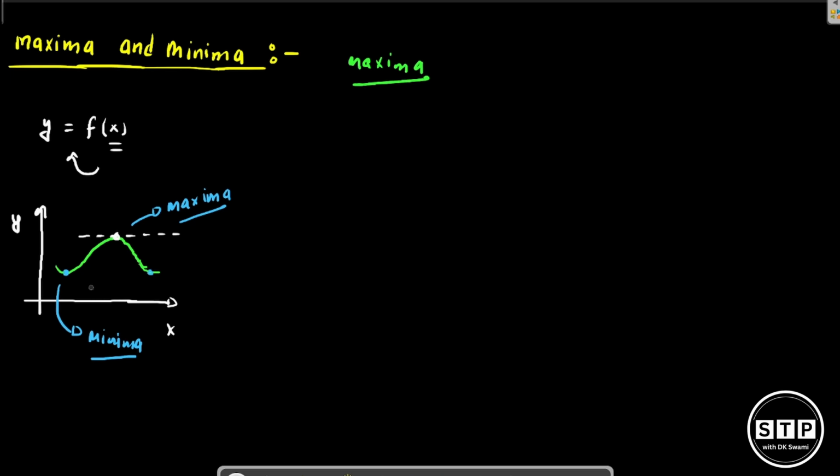I know that the slope of a function is equal to the differentiation of the function, so I can say dy by dx is 0, or f dash x is 0 at maxima, right?